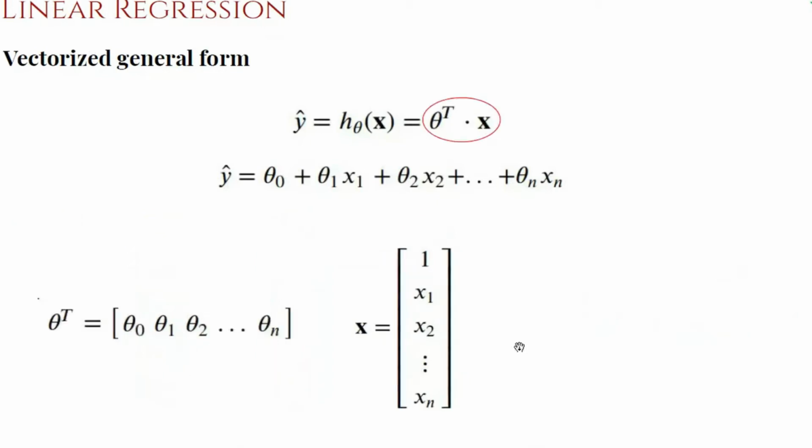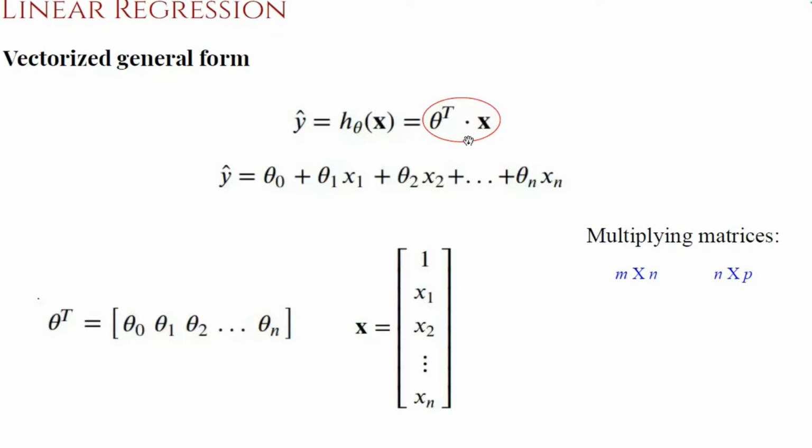So now let us go back. What we are interested in is obtaining a dot product between theta transpose and x. That's the notation that we quite often see. Theta transpose is a row vector, x is a column vector. By this dot product, what we are essentially doing is a matrix multiplication between theta transpose and x.